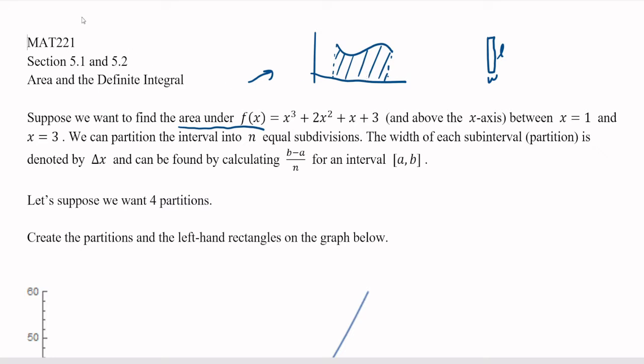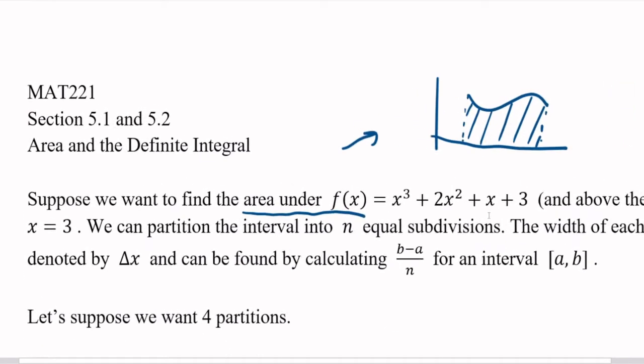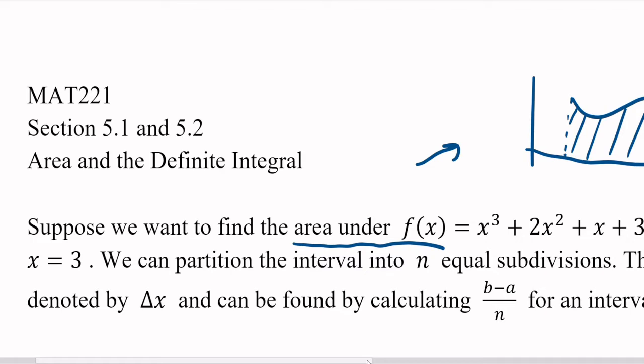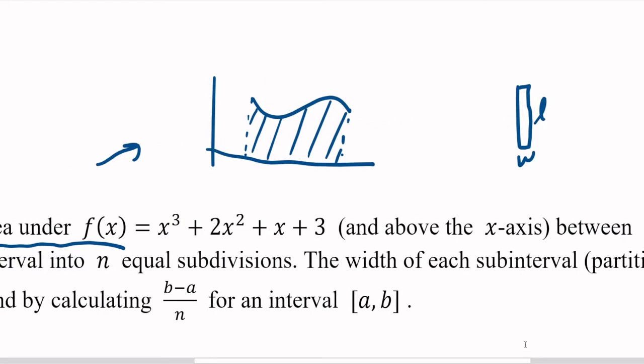The big idea here is, if I zoom in pretty close and take really small rectangles, do you see how the top of this rectangle and the curve are too far off?